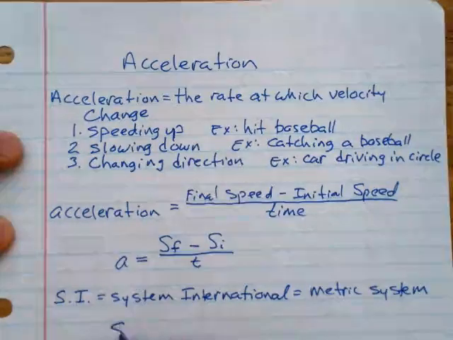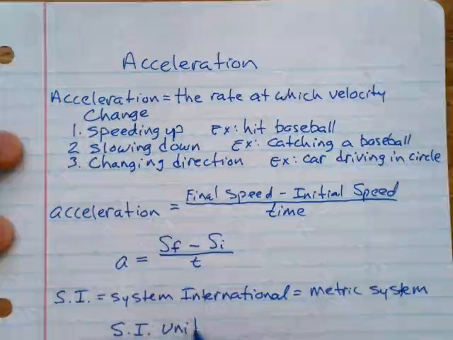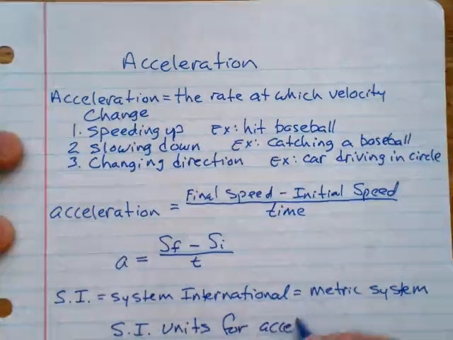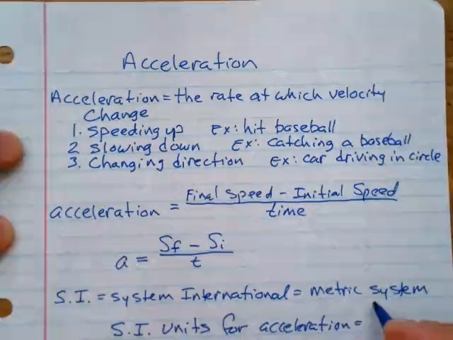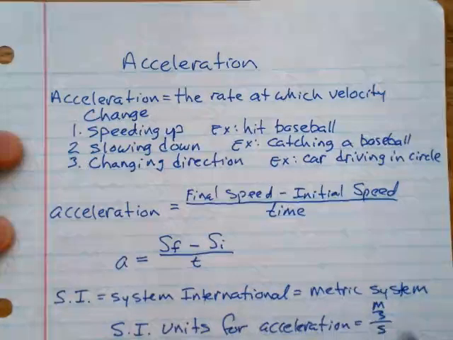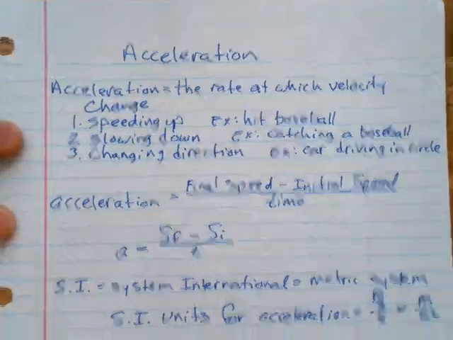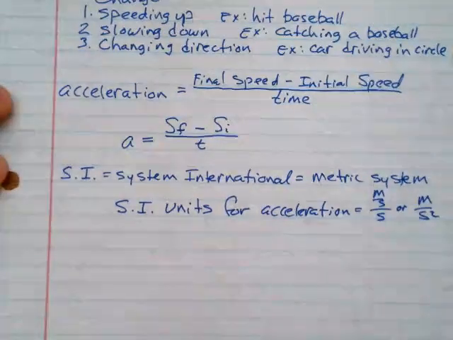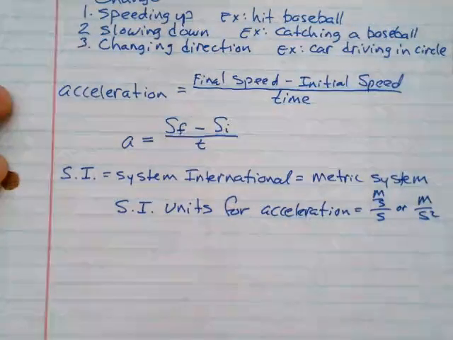The SI units for acceleration are meters per second, or we can write it meters per second squared. I won't do it here, but if you catch me in class, I'd be happy to show you the math of how we go from meters per second to meters per second squared.